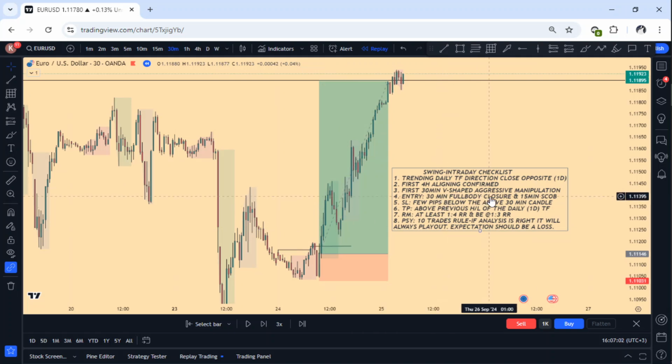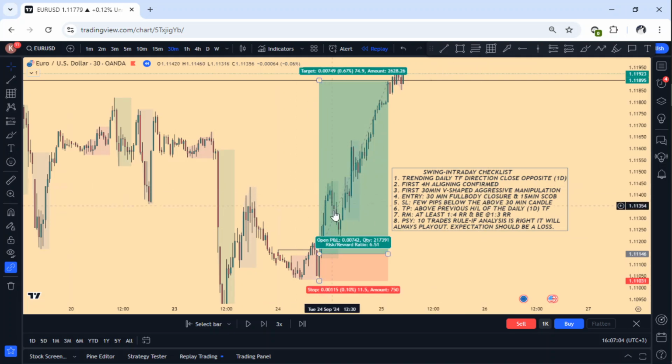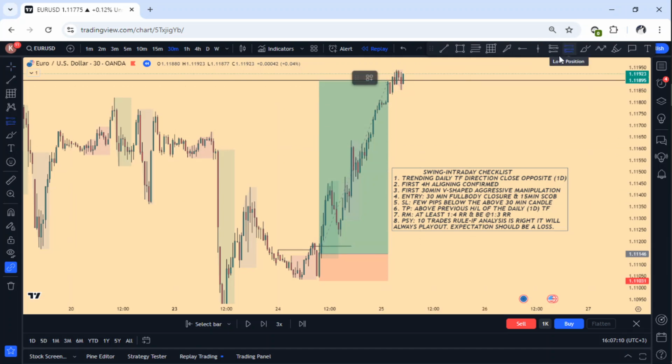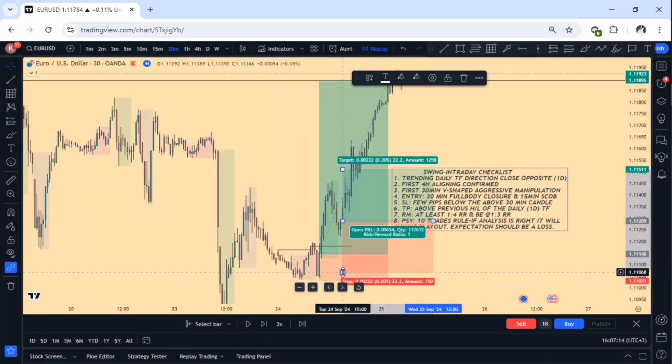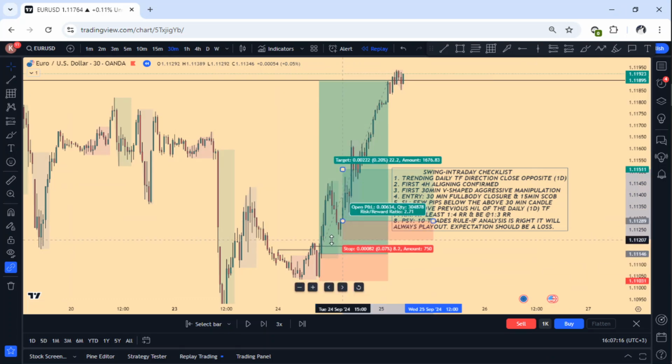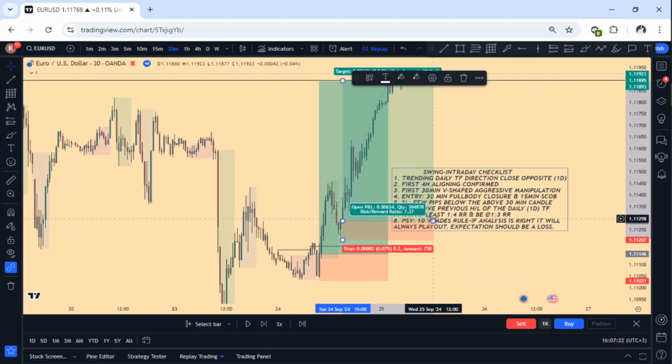This is part manipulation, aggressive down move, showing people that it wants to move, and then again you can take another entry when you see a full body closure. So this was another full body closure, but usually you can easily get swept, but this was the additional entry. This is called Judas swing.